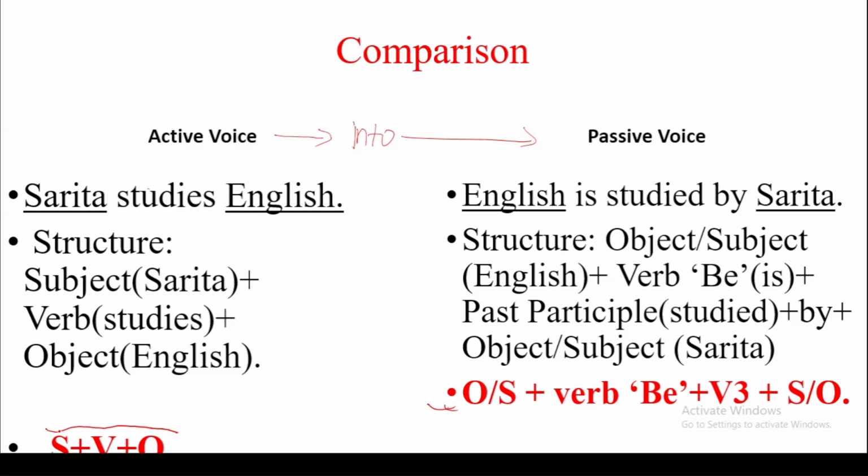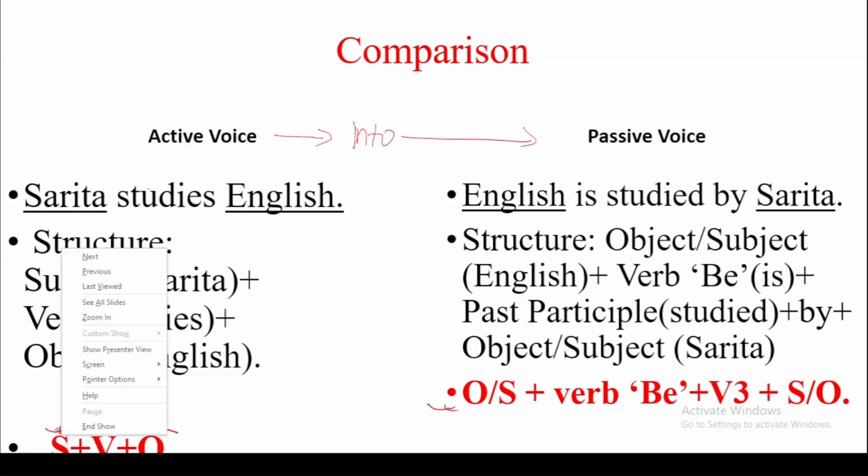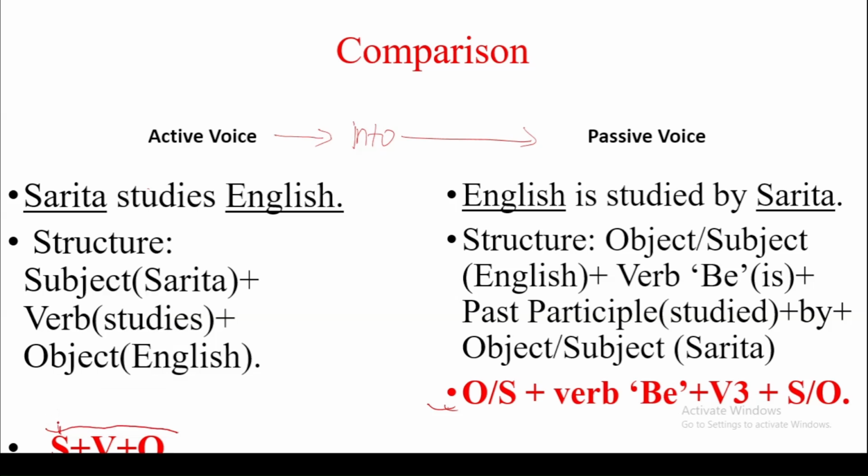So see, the first is the subject of active voice. The subject of active voice is written as the object in passive, and the object of active is written as the subject in passive.